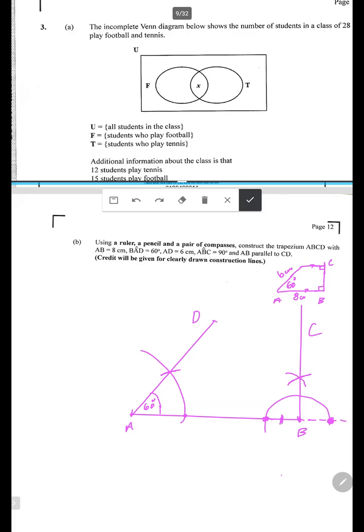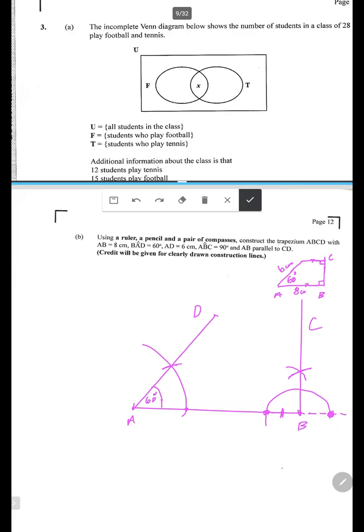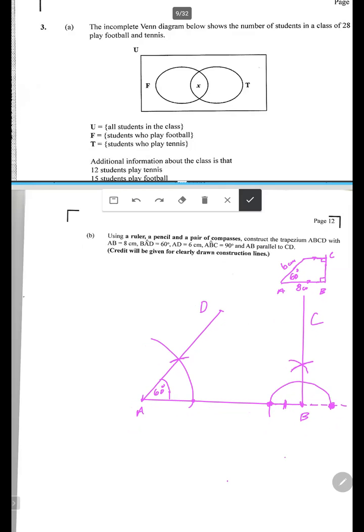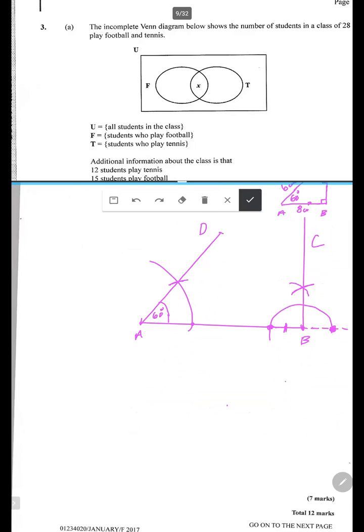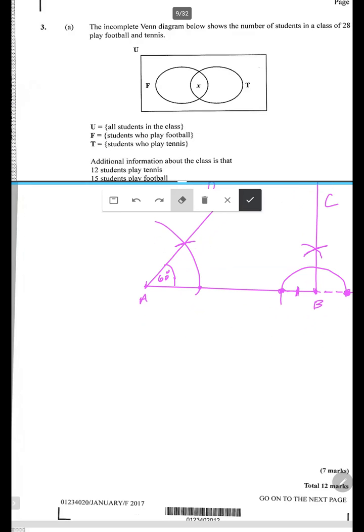I don't have a space to do it over here. Oh Lord. I don't have a space. Let me go up and show you how you construct the parallel with a different one. I kind of did it too close to the right, so I can't show you how you construct the parallel. So I'm going to use something else and show you how you construct the parallel down here. All right, and you'll have to do it on the D up here. So let me just show you down here.